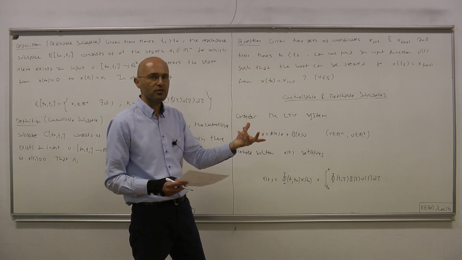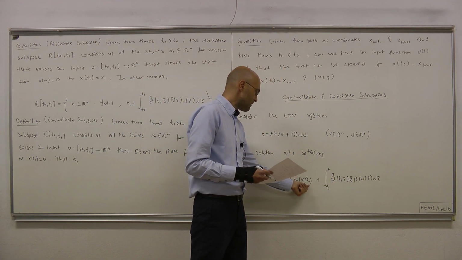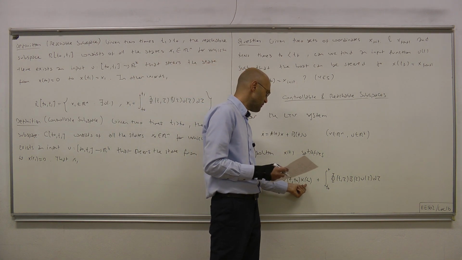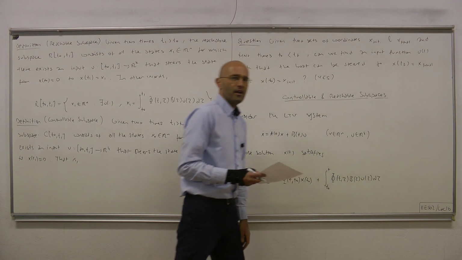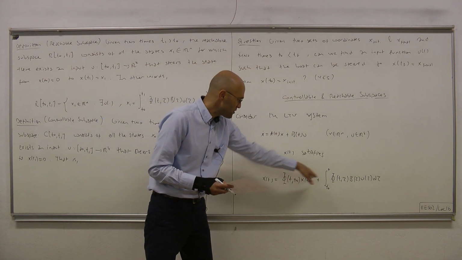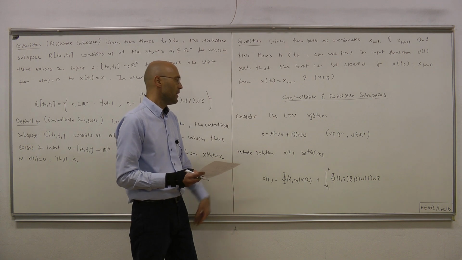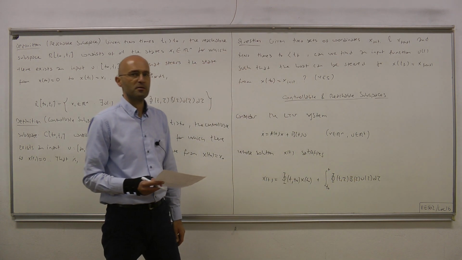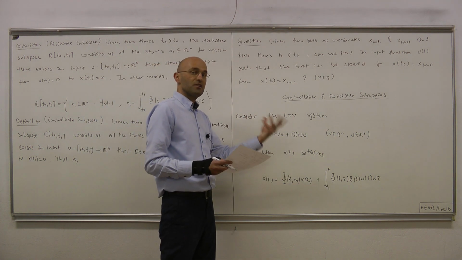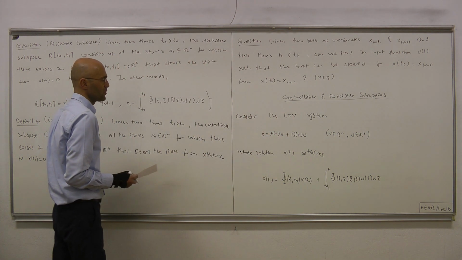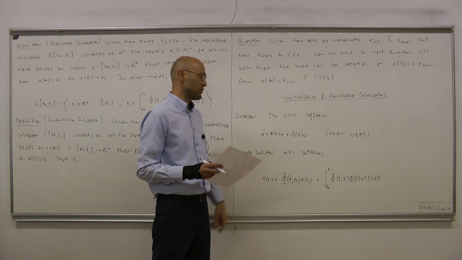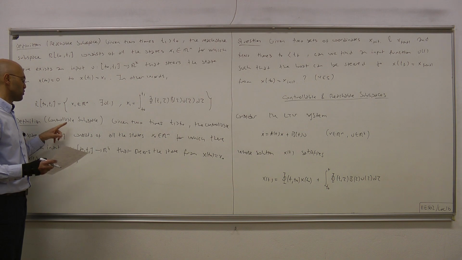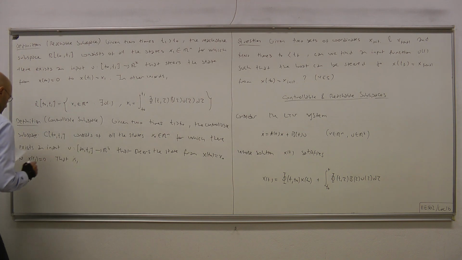If you can find a u of t, then that initial condition is part of your controllable subspace. Then you pick another initial condition and check whether there exists an input that satisfies this equation. If there is, then that state also belongs to your controllable subspace. If it doesn't, it does not belong, and so on. So you collect all those points in principle, and that set of points makes your controllable subspace.